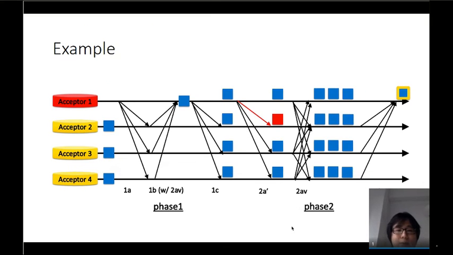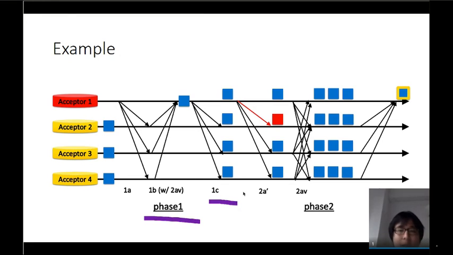So let's see an example. First, acceptor 1 goes through phase 1 correctly and gets the blue value. Say the blue value is the value it should continue with in phase 2. And it sends phase 1C of the blue value because it cannot lie here for now.